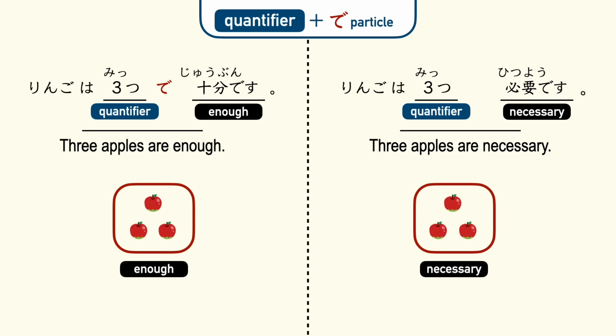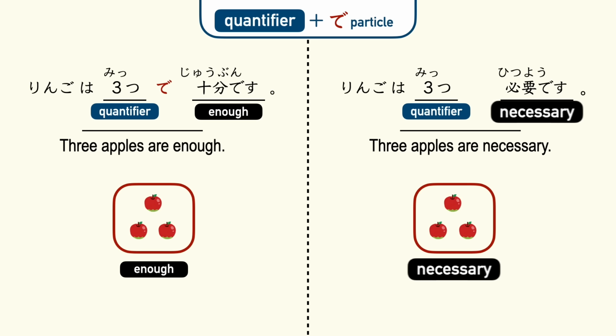These 3 apples don't need to be grouped together as a single unit. Let me explain why. With the word enough, if you take 1 apple away, you're left with 2 apples. And 2 apples are not enough, let alone 1 apple. Only when there are 3 apples can you say it's enough.